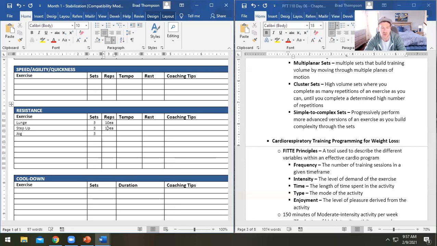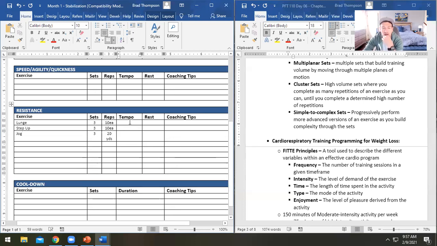So that's 20 total. And then we'll say the jog is 20 yards. Our tempo we'll say is controlled. So as fast as possible, but safe. We'll take 0 seconds of rest and we'll do 60 seconds. So this is still very much a circuit style.